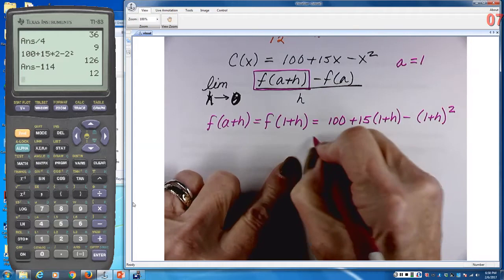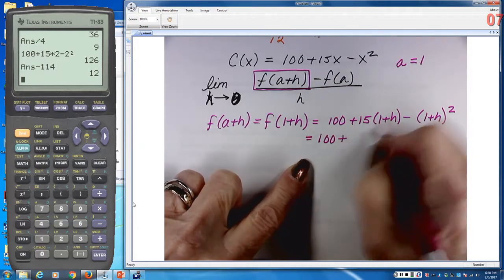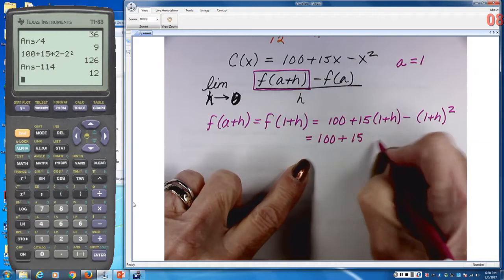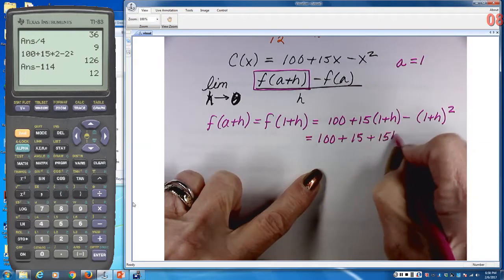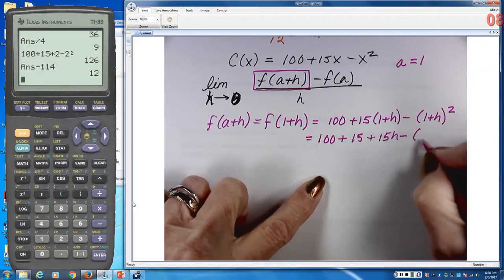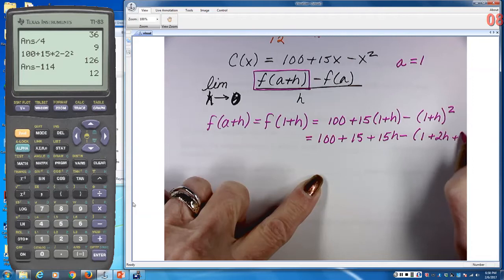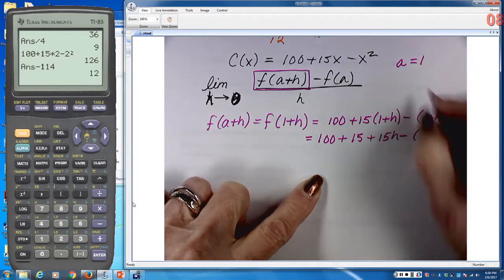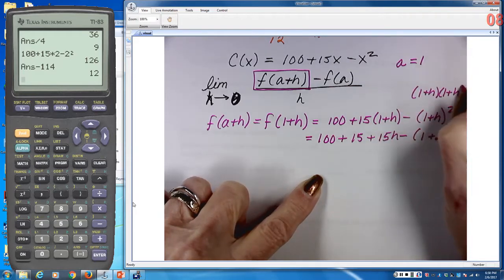So that's going to turn into 100 plus 15 times 1 is 15, plus 15 times h is 15h, minus 1 plus h squared is 1 plus 2h plus h squared. Remember, that's 1 plus h times 1 plus h.